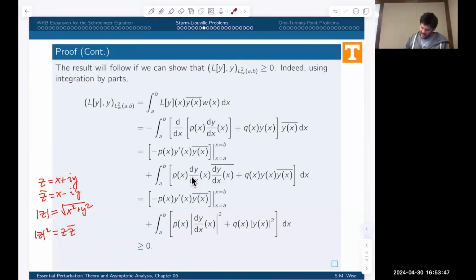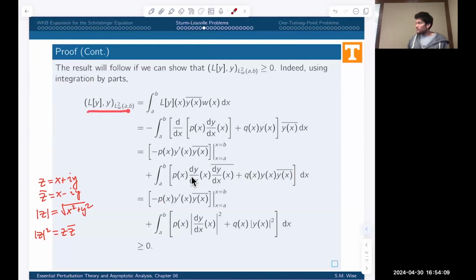In any case, this number here is now non-negative. By assumption, this is non-negative. So every term in sight is non-negative. When I integrate a non-negative function, that's non-negative. So the whole thing has to be greater than or equal to 0, right?